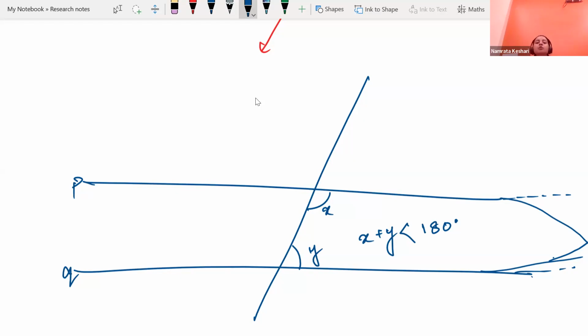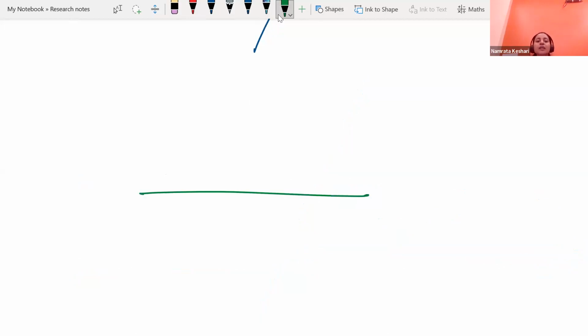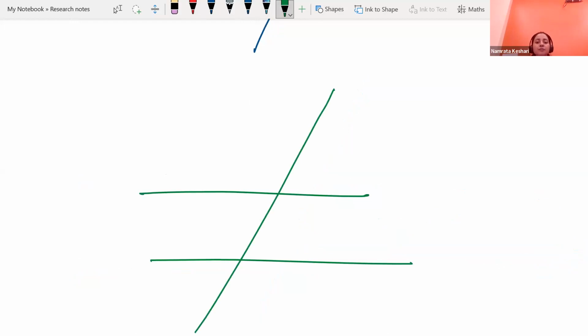Now let me help you recall a concept from the parallel lines and angles chapter: if we have two parallel lines and a transversal, then the sum of interior angles on the same side is 180 degrees. Yes or no? Yes, ma'am.